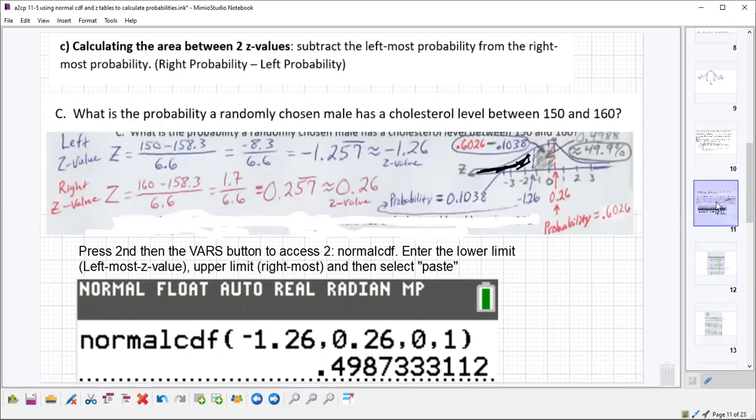Now, we go back to the picture here, and to the left of that, if I were to color that in red, that would be the entire area to the left of 0.26.